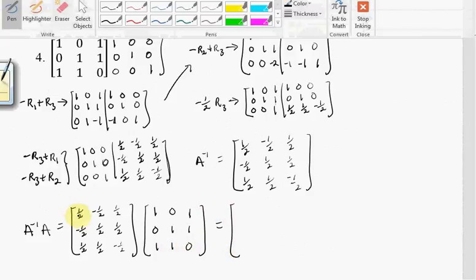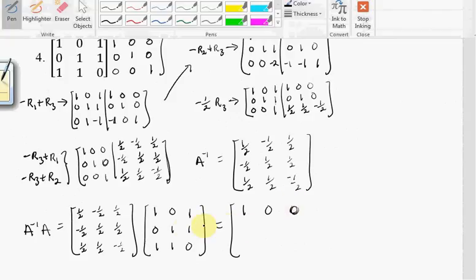So we multiply the first row times the first column. So this is 1/2, 0, and 1/2. We get 1. First row times second column, we get 0. Negative 1/2 plus 1/2, we get 0. First row times the third column, we get 1/2 minus 1/2, we get 0. Even I can do those pretty easy.